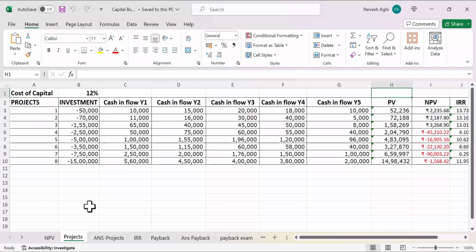The cost of capital is 12%. If you can see at the top, that's the cost of capital. So at the cost of capital, I am calculating the present value, which means that we have covered the cost of capital. Whatever the cost of capital the company has incurred, it has covered it. So you have spent 50,000 and you're getting 52,236 in the first project.